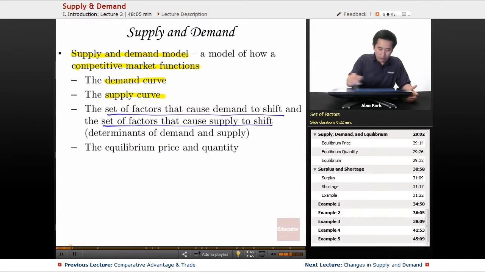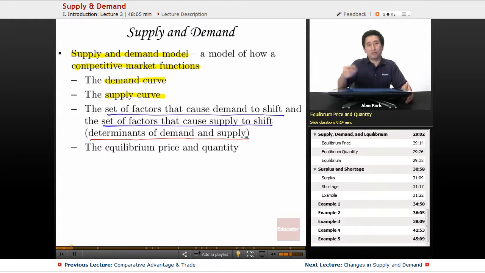Another way of saying that would be, what are the determinants of demand and supply? And so we're going to connect supply and demand together. When we do so, we're going to find the equilibrium price and quantity, or another way of looking at it, a market clearing price or a market clearing quantity.